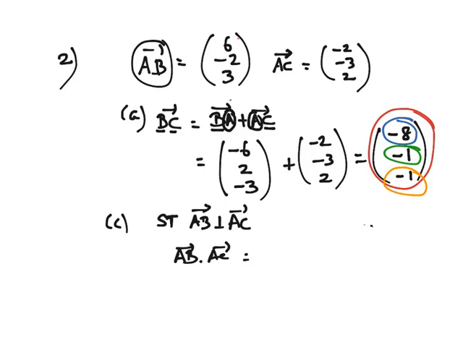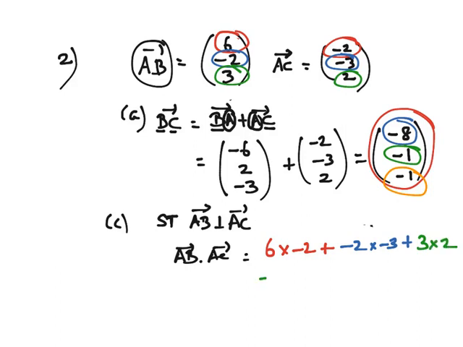So AB and AC, first 6 into minus 2, plus, next is minus 2 multiplied with minus 3, plus finally 3 multiplied with 2. So you'll get minus 12 plus 6 plus 6 which is equal to 0. Therefore AB is perpendicular to AC. Hence proved. The sum is over.